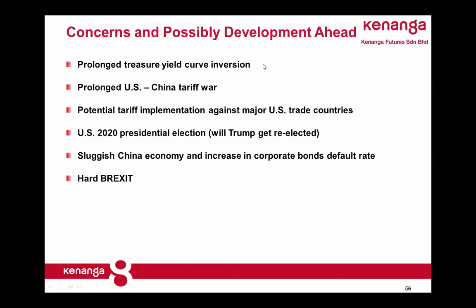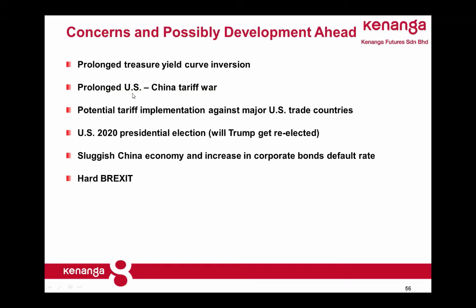It has been quite a number of months already. If this continues, it is not good. Yield curve inversion is a leading indicator, because every recession that happened previously was preceded by a Treasury yield curve inversion.